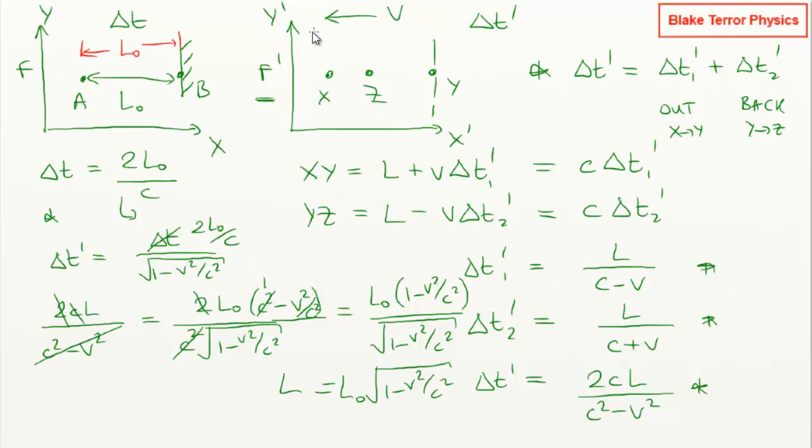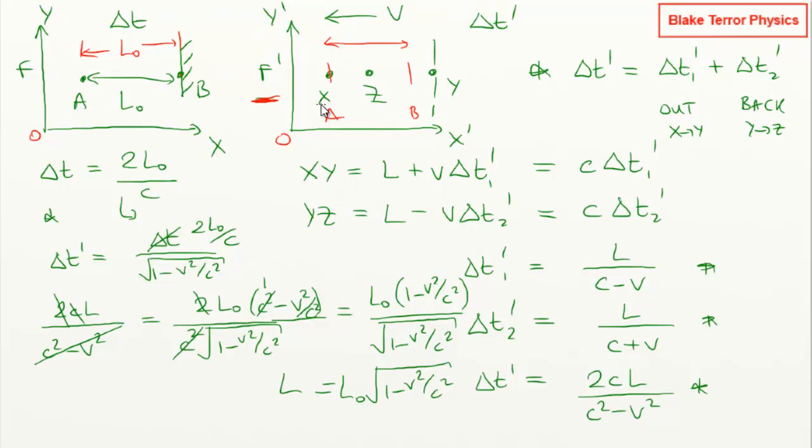Even from the starting point of our moving frame of reference, our F prime, we could have them exactly the same coordinates. The origin of F could be exactly the same as the origin of F prime, in which case when the pulse is first emitted, A and B will be in the same locations in both frames of reference, but we're not setting the distances to be the same.